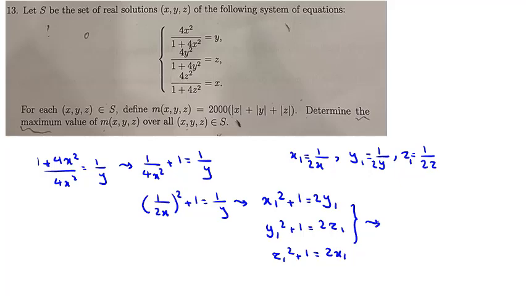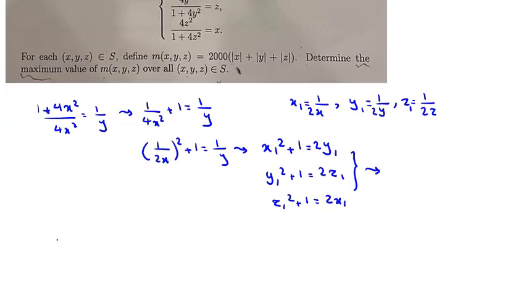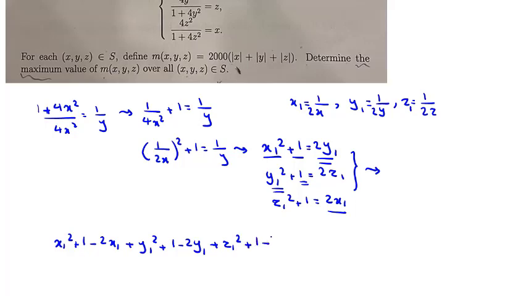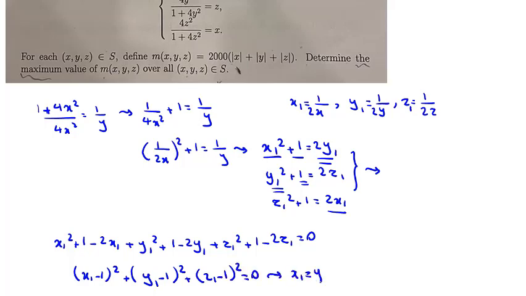If we add all these three equations and take everything to the left-hand side, it will be x1 squared plus 1 minus 2x1, plus y1 squared plus 1 minus 2y1, and the last three terms, z1 squared plus 1 minus 2z1, equal to 0. And we can say (x1 minus 1) squared plus (y1 minus 1) squared plus (z1 minus 1) squared equals 0. So we can say x1 equals y1 equals z1 equals 1.